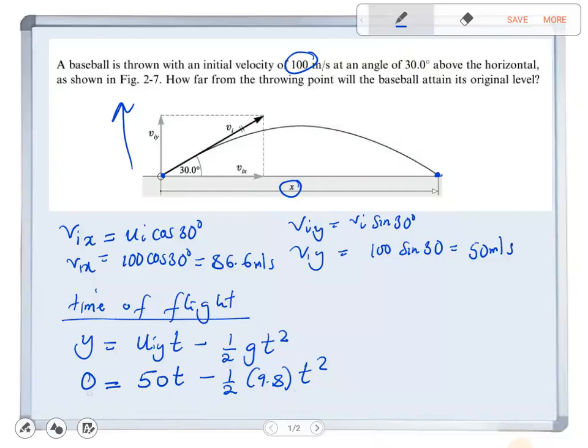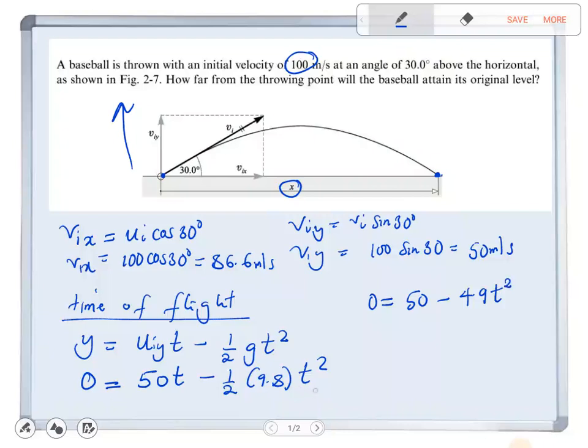So we're getting 0 equals 50 minus, 9.8 divided by 2 is 4.9, times t. We can divide out t throughout, that's no problem.